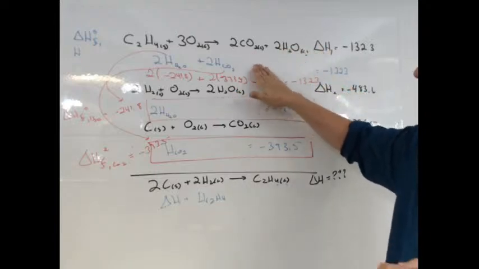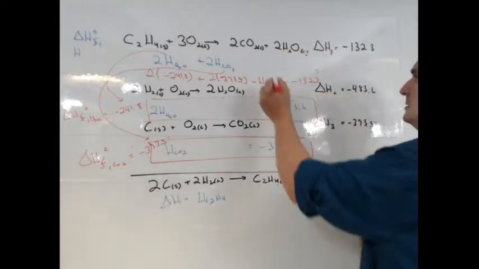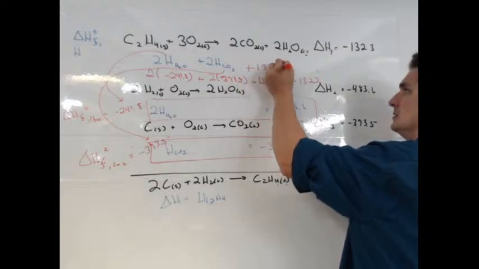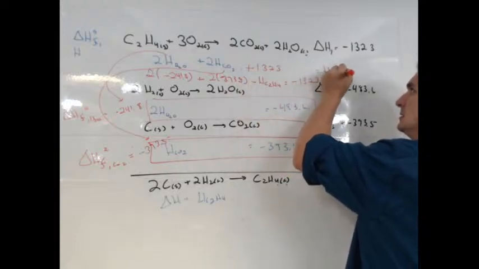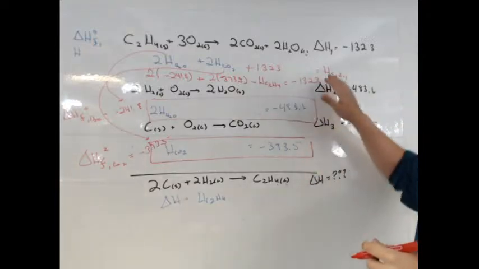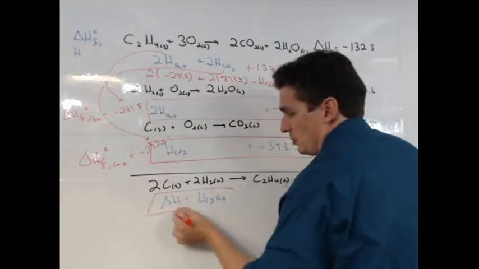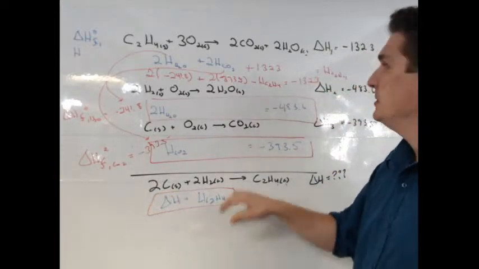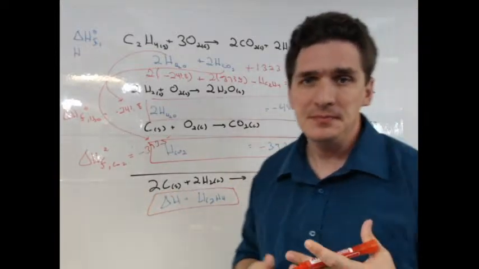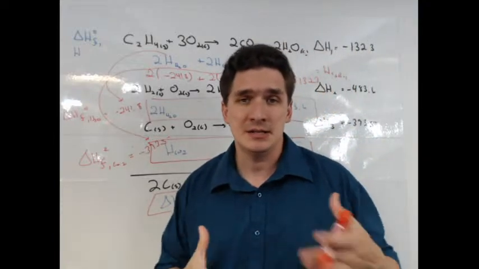If I just do some algebra, I can solve now for the heat of formation of C2H4. The final answer works out to be whatever the heat of formation of C2H4 is. So this is how you do it using Hess's law.